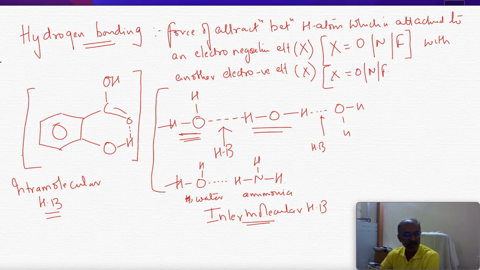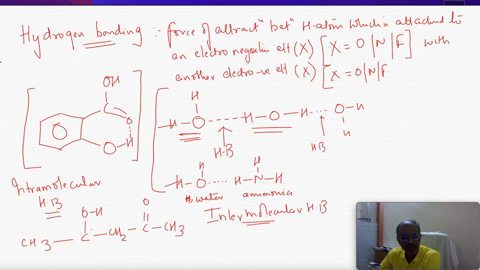Another type of intramolecular example I'll give you. Same example of a diketone type. Suppose this is an O, this is an H, take for example CH2, C double bond O, CH3.